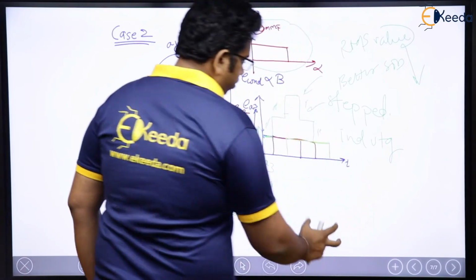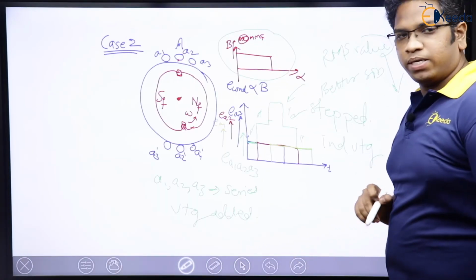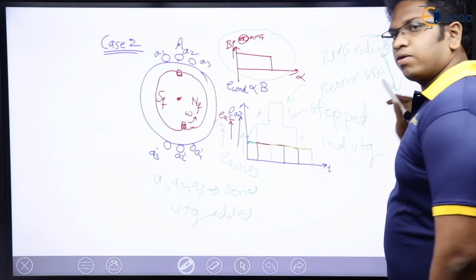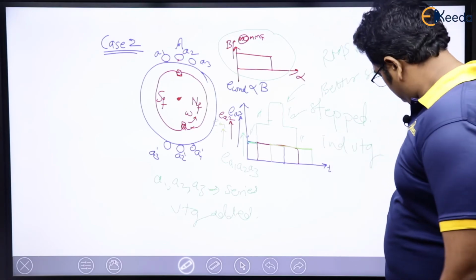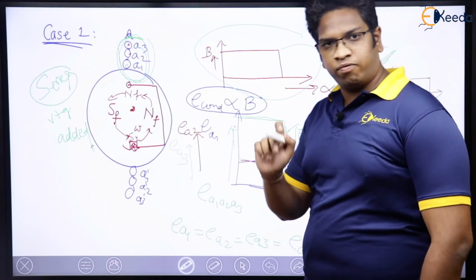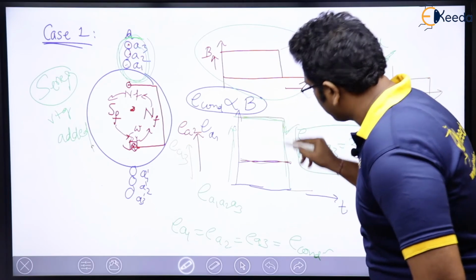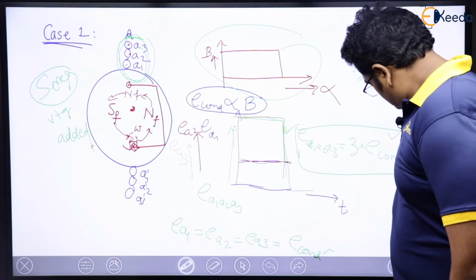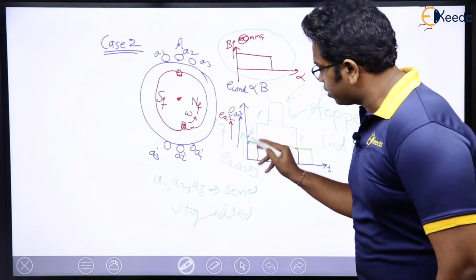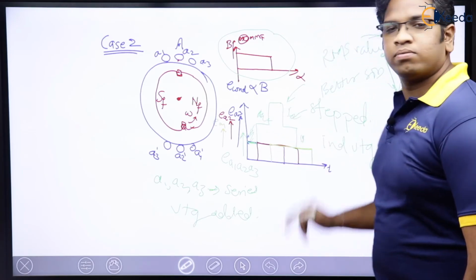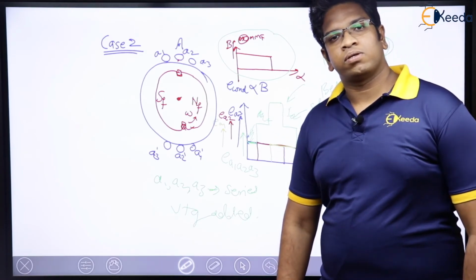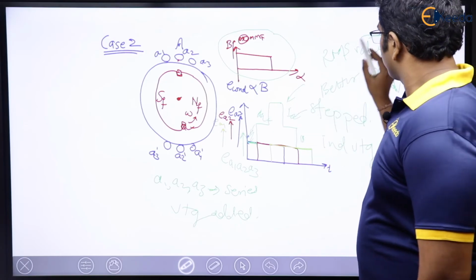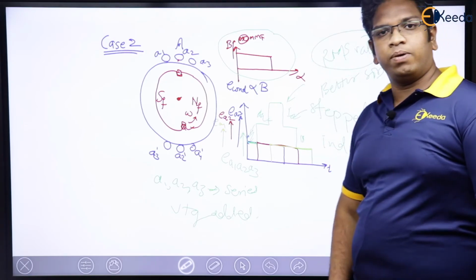The RMS value is reduced because previously you had one single block here, but now some pieces of the blocks are skipped. That is the reason the RMS value will be decreased.